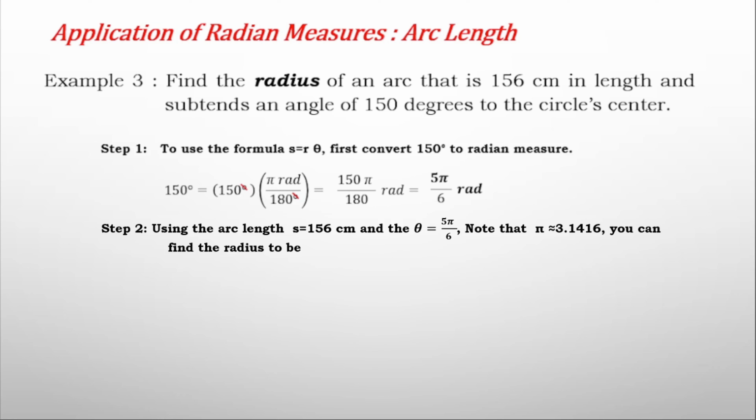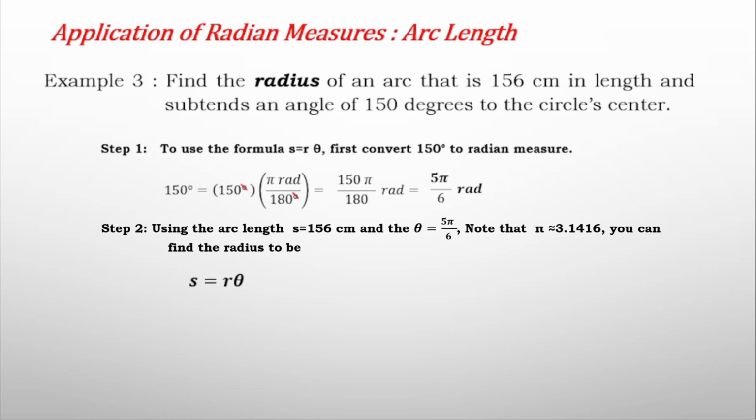Step 2. Using s equal to 156 centimeter and theta equal to 5 pi over 6. Note that pi has an approximate value of 3.1416. You can find the radius to be. So we are going to use the formula arc length is equal to radius times theta.